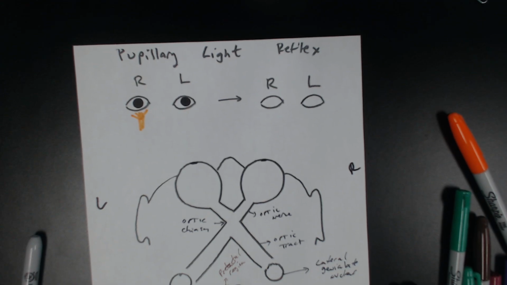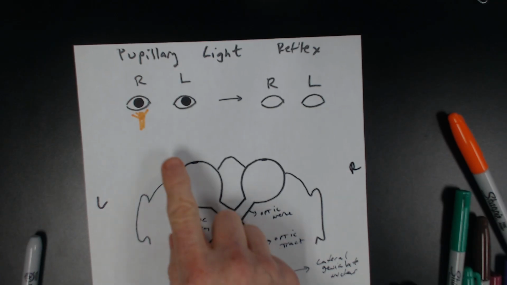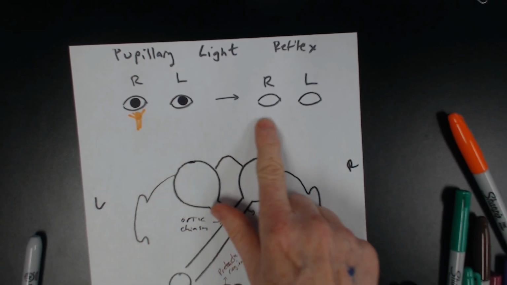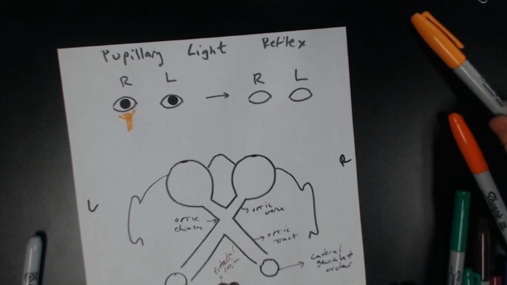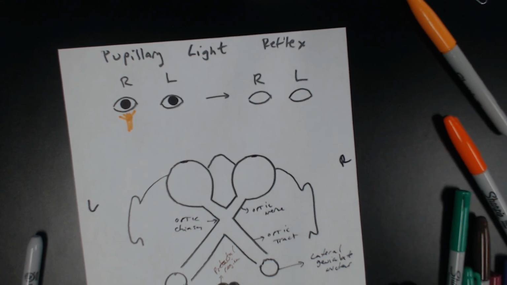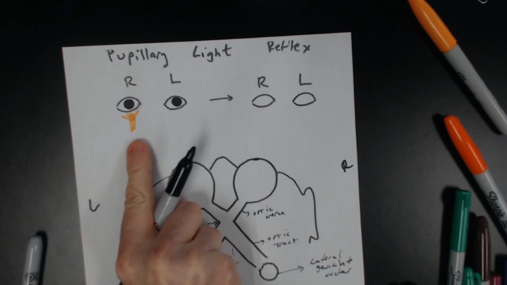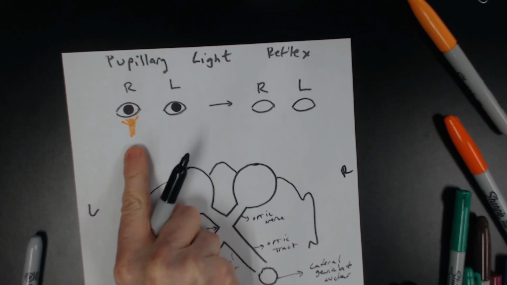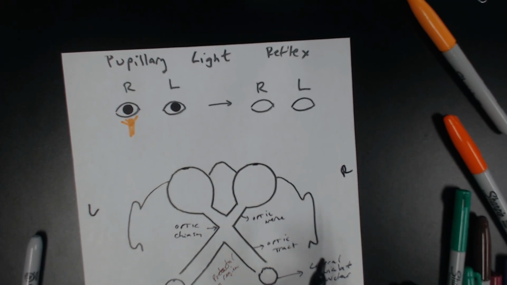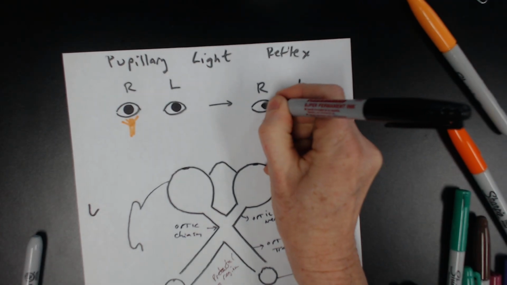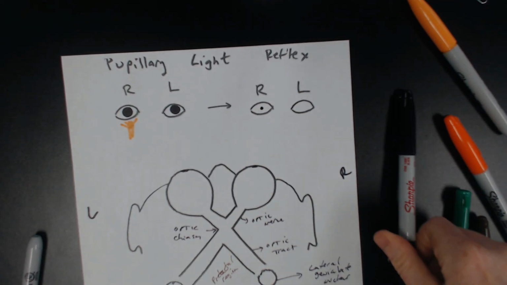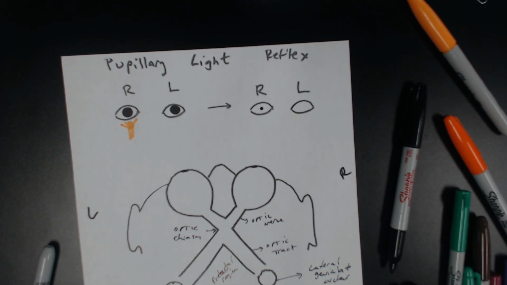Okay, what would be the response of the right and left eyes after you shine? What's the response of the pupils for the right and left eyes? Does anyone know? Yeah, they both constrict. So even though you only shone the flashlight into the right eye, both pupils constrict. The right pupil constriction is known as the direct response. It's a direct response to receiving light in that eye.